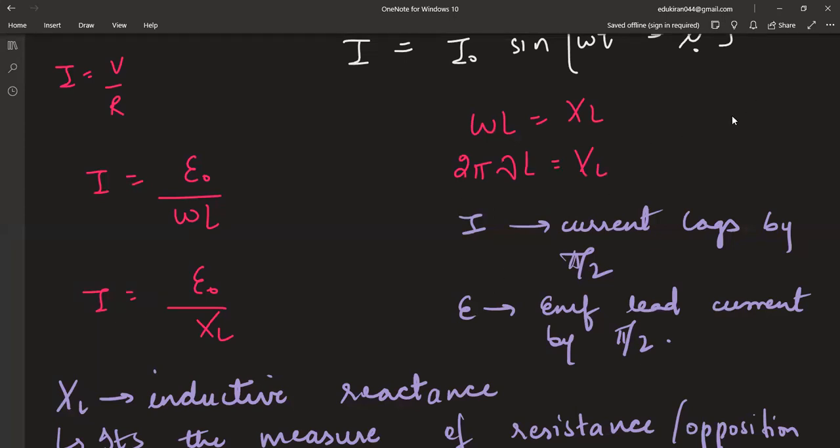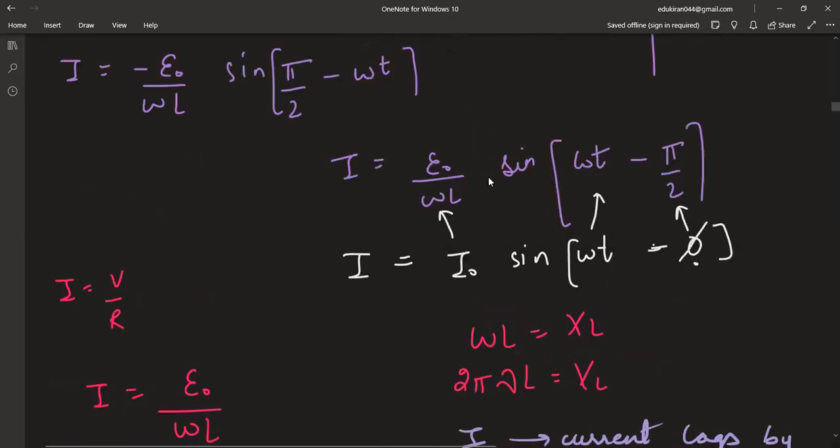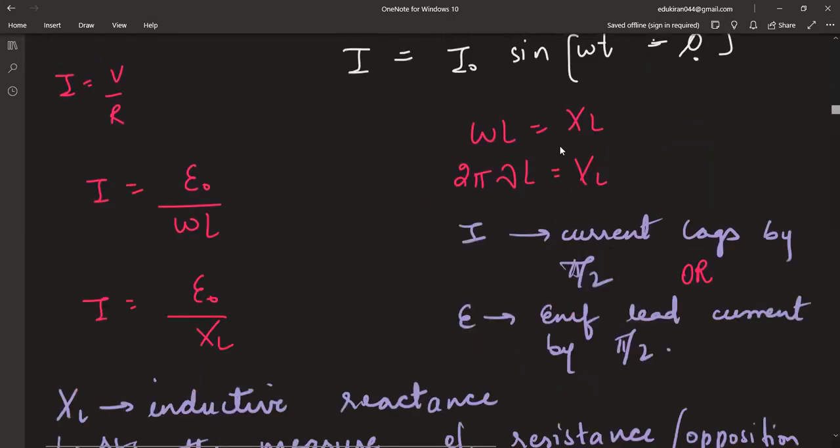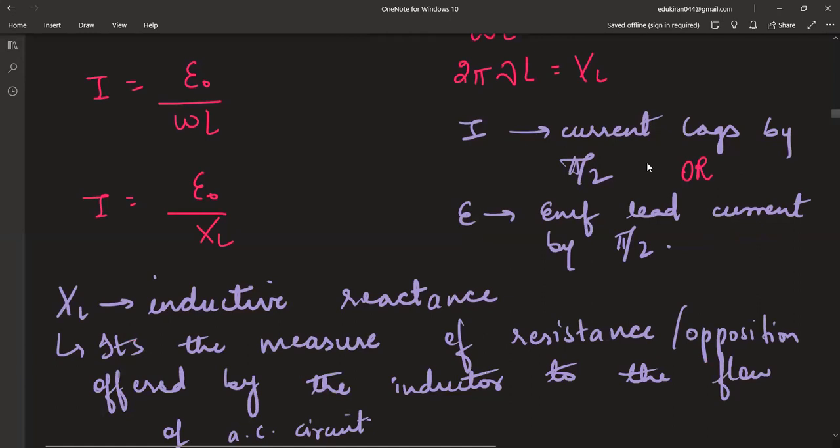So what is the conclusion? Are they in the same phase or in a different phase? You can use both of these statements. See, if you see minus pi by 2 in the formula of current, minus pi by 2 means the current is lagging behind by pi by 2, 90 degrees. And EMF is leading the current by pi by 2 or 90 degrees.